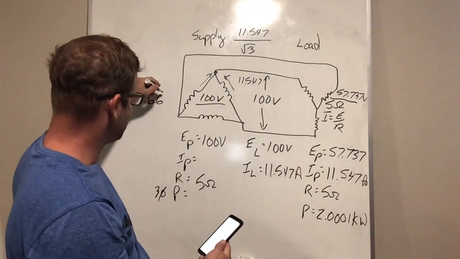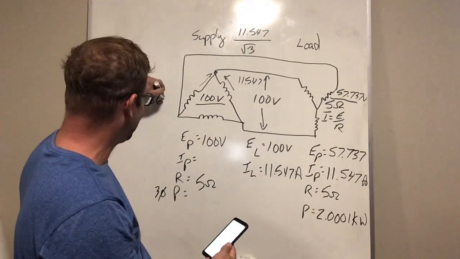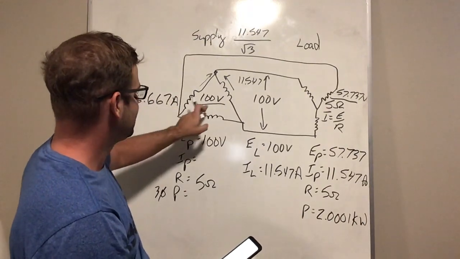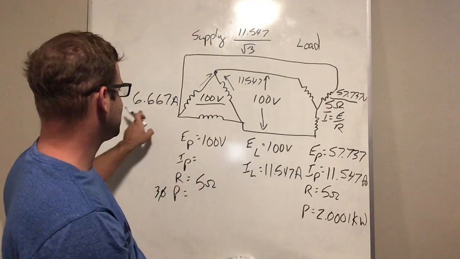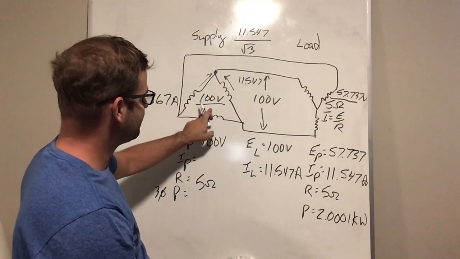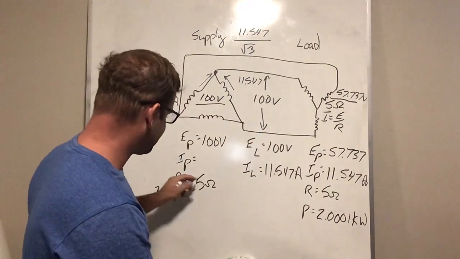Let's just add one more decimal just so it doesn't look as bad, 6.667 amps. So that is our ampacity of our supply. So we have 6.667 amps at the supply, we have 100 volts, and we have our still resistance of 5 ohms.